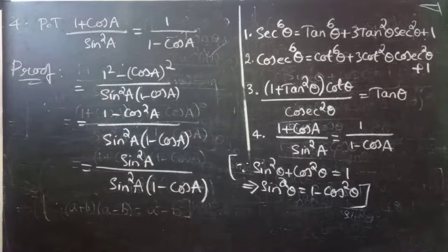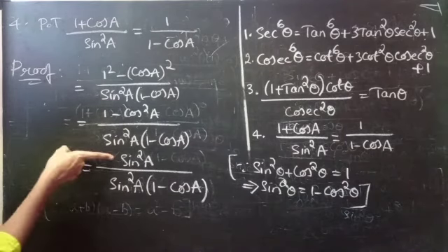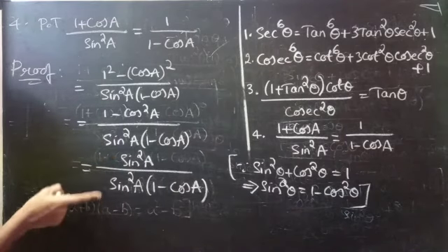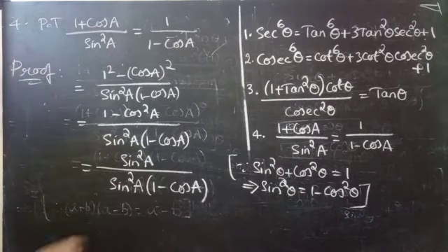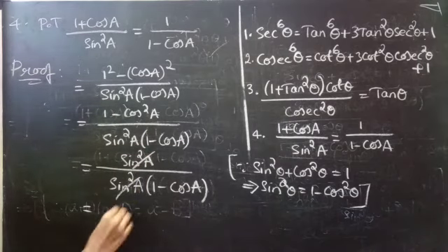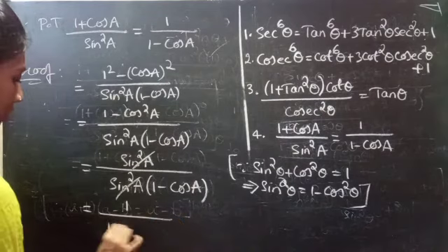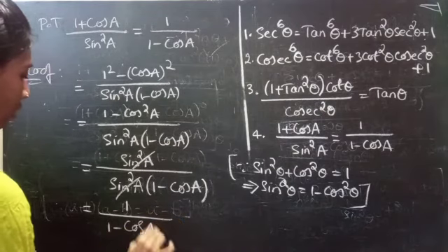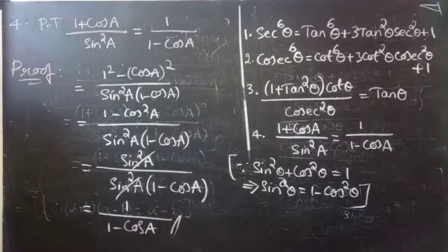Okay. So now in the numerator you are having sin square A and in the denominator also you are having sin square A. So you can cancel these two. So finally you'll get 1 by 1 minus cos A, which is your RHS. Okay.